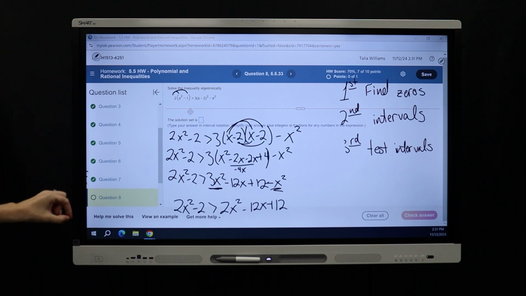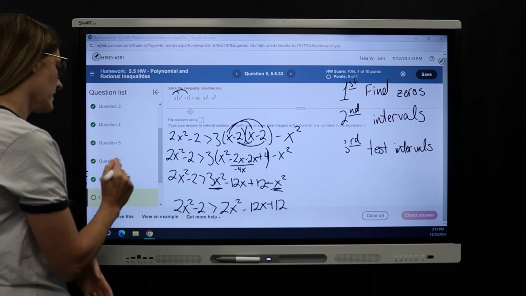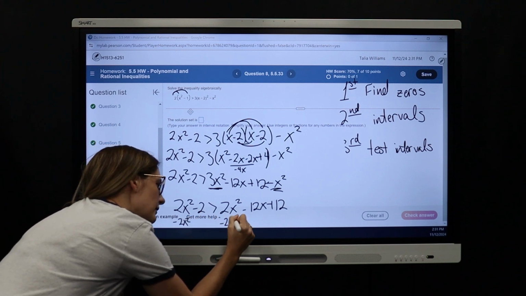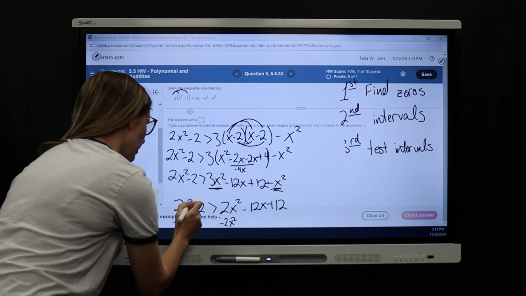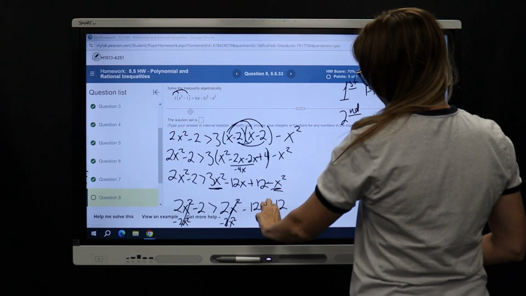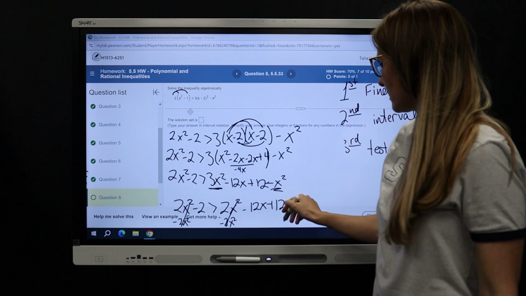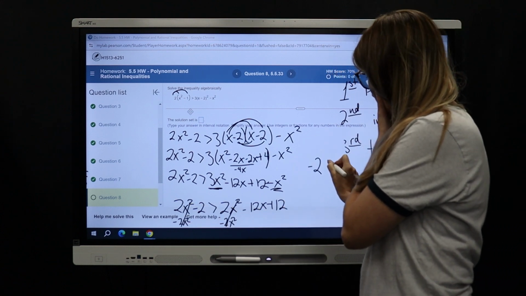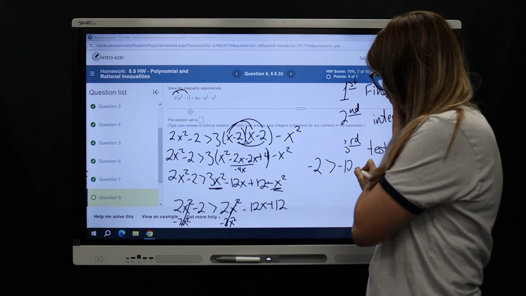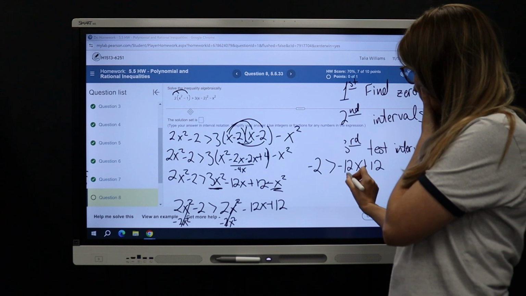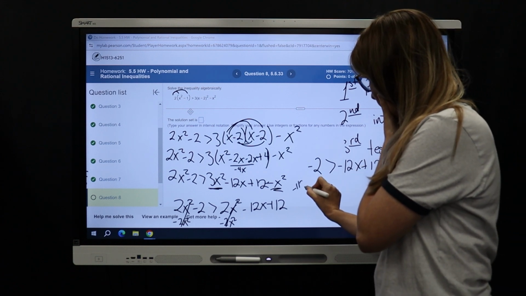Whew. Now I'm going to put my 2x squareds on the same side since they're both the same. It's 0. There's no more x squareds. So I want to put all of my remaining stuff all on the same side. So let me rewrite that. I have negative 2 is greater than negative 12x plus 12. So I'm going to add my 12x over here.